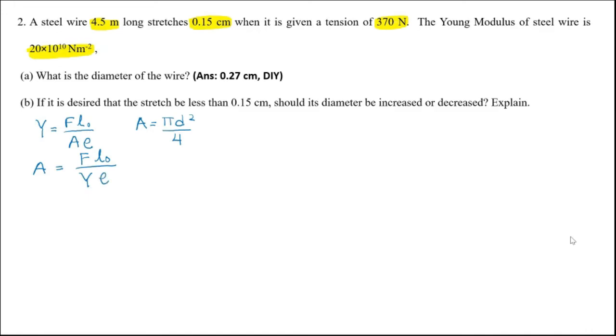So substitute the values. The force applied is given as 370. The L naught of the steel wire is given as well, 4.5 meter. The Young modulus for the steel wire is 20 times 10 to the power of 10.